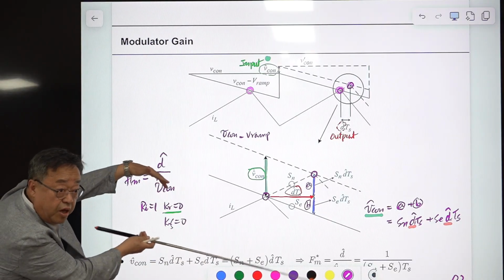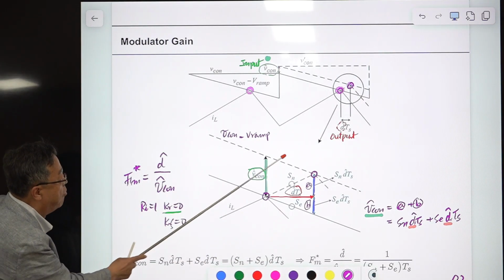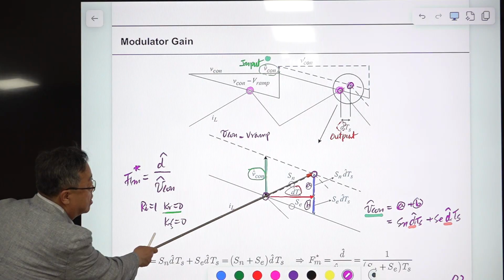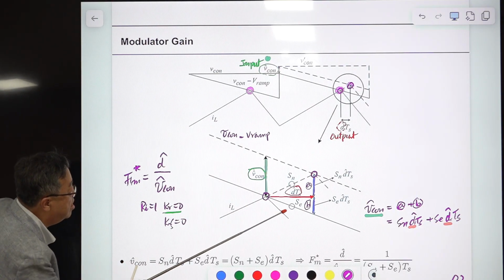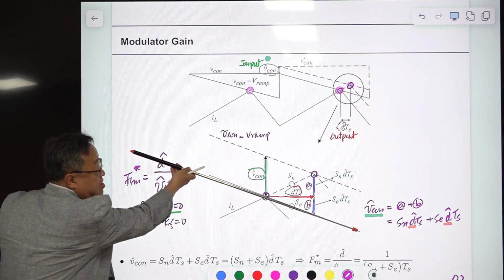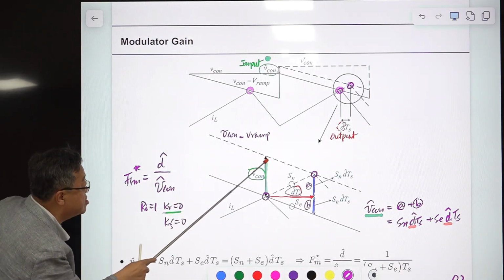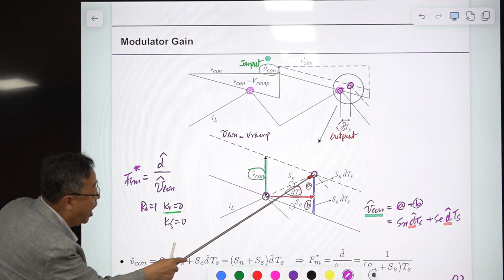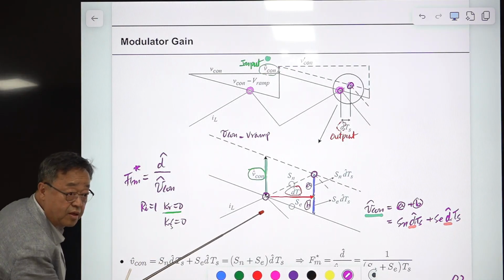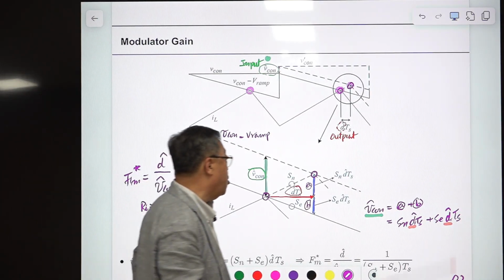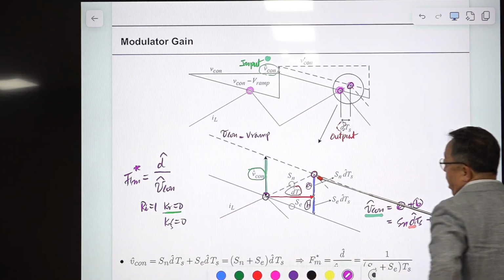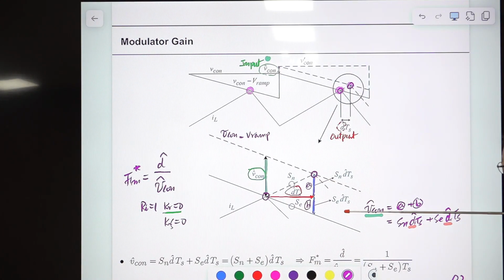This is a parallelogram, okay? This is the slope of the on-time inductor current, and this is the slope of the compensation ramp, and the distance here is this one, plus A plus B is this one. It's obvious, right? So Vcon hat is this line segment, A plus B. But we are interested in the transfer function, the gain from here to there, d hat.